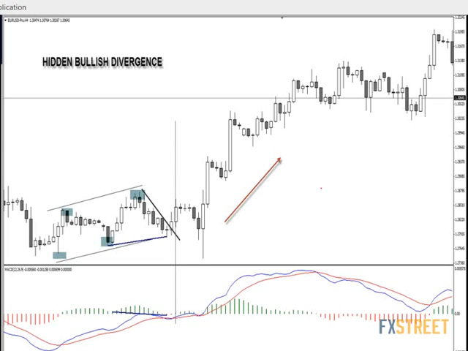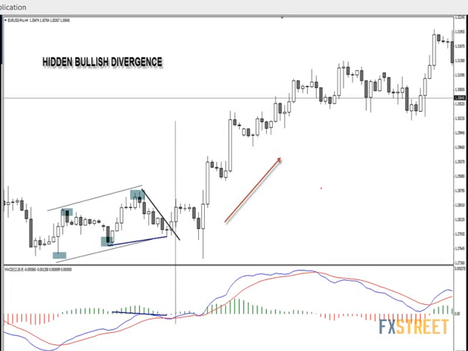Because hidden divergence will tell you this price movement will continue to go up. So don't do it, guys. Okay? You can be pretty much in a bad position if you do that, so don't do it.